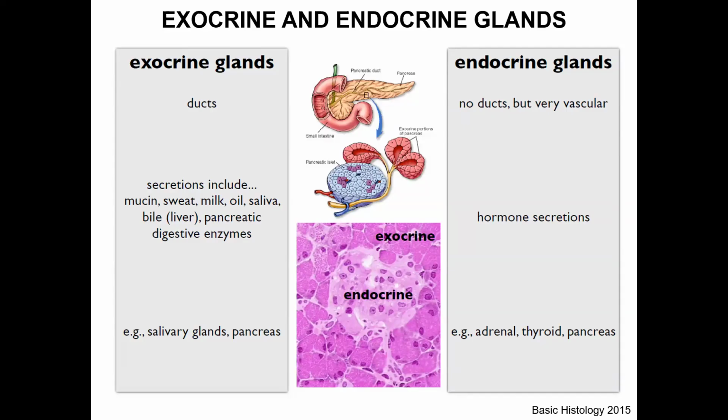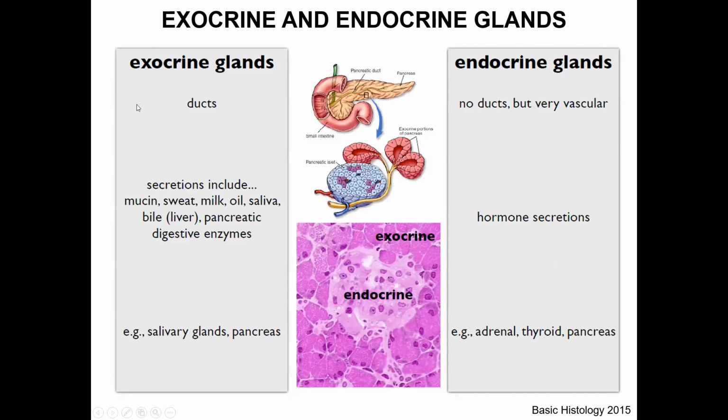We'll talk more about the pancreas when we discuss the digestive tract. The endocrine glands don't have ducts. The secretion enters immediately into the blood vessels and is distributed throughout the body through blood. Salivary glands, I think that what I told you now refers to the endocrine glands.